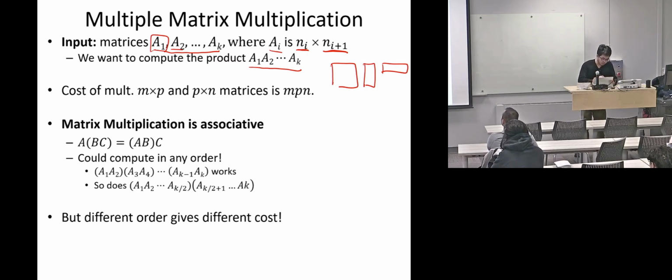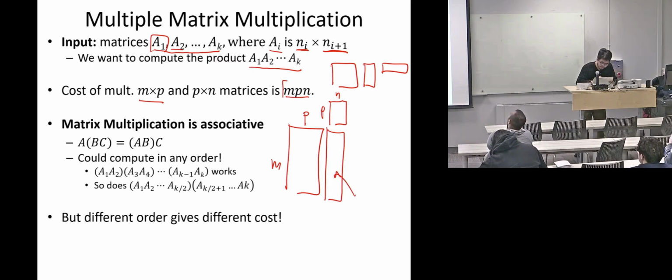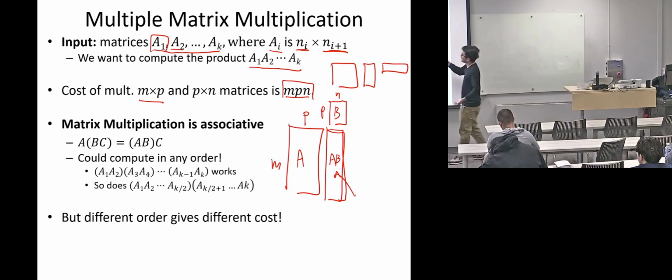And if you have two matrices of size, let's say M times P and P times N, you're going to multiply them and get this matrix. And the cost for multiplying matrix A and B to get A times B, at least with the trivial algorithm, you're going to pay this much.